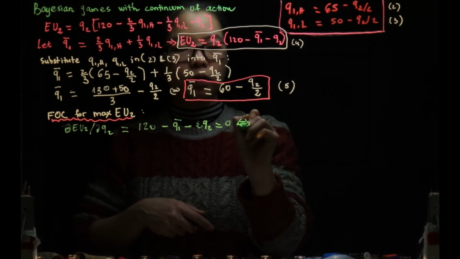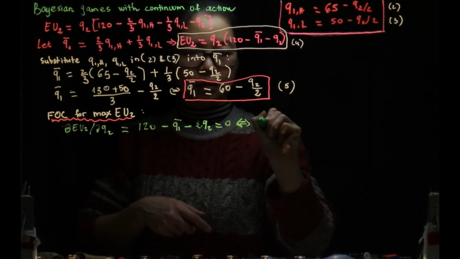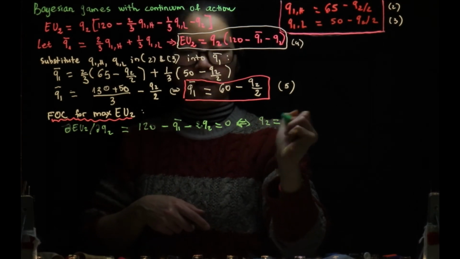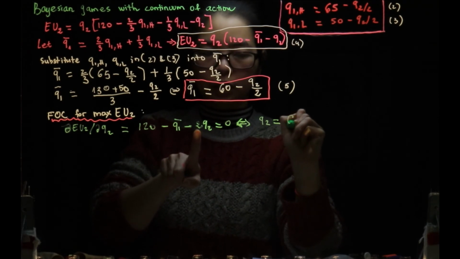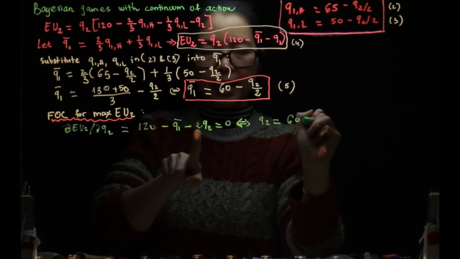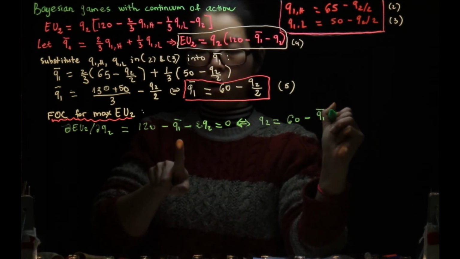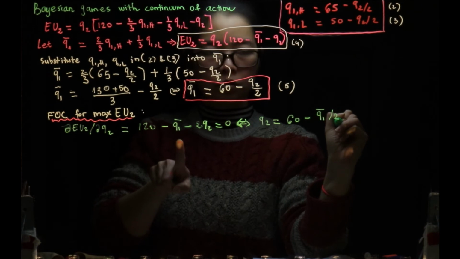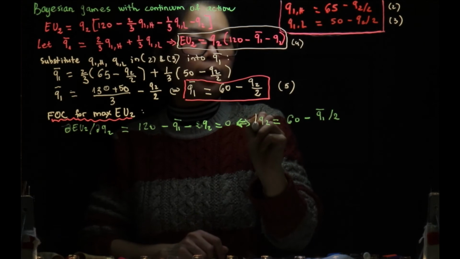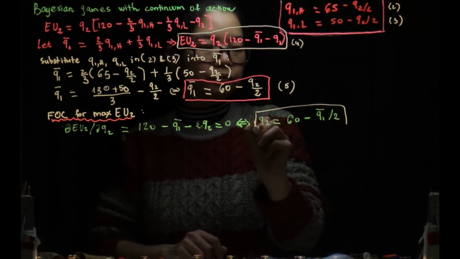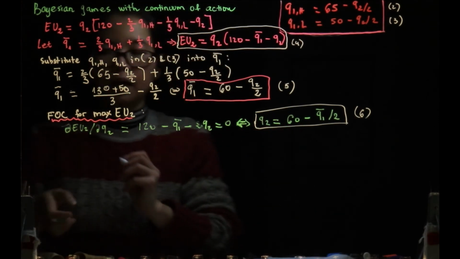And there we could solve for Q2, which is 120 divided by 2, 60, minus Q1 bar over 2, right? Let's give it another box and number. So that's equation 6.